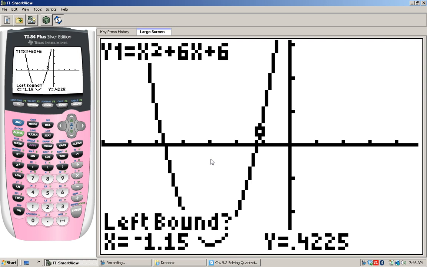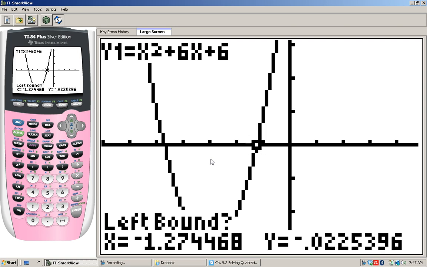To figure out the 0 of the function, you need a left bound, what's called a left boundary. You're telling the calculator where to look, because the calculator needs to narrow down where it's going to look for where this function crosses the x-axis. So you need to say what point on this graph would be to the left of where you think the root is, where you think the x-intercept is.